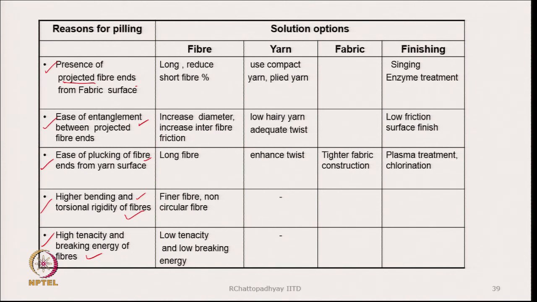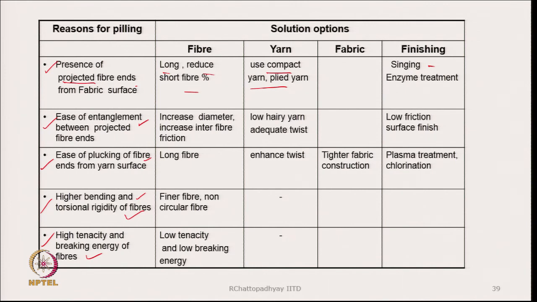If I want to minimize it, then I must know what can I do with fiber, whether fiber can play a role in minimizing the projecting fiber ends. So, that will need a domain knowledge or a study. Yarn, use of compact yarn is a solution given here. Singeing is another process by which I can reduce the projecting hairs.